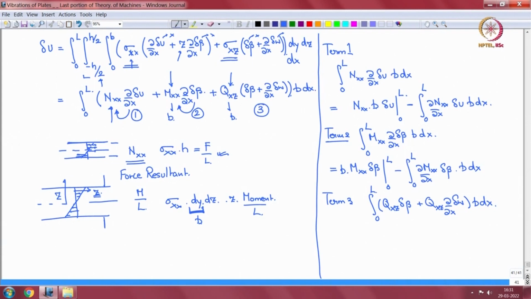So this will be written as, there is no problem here, delta beta appears as delta beta, so we have integral 0 to L qxz delta beta b dx.